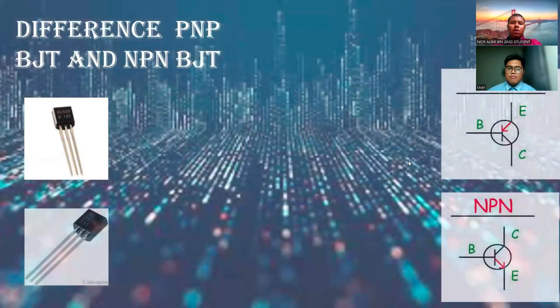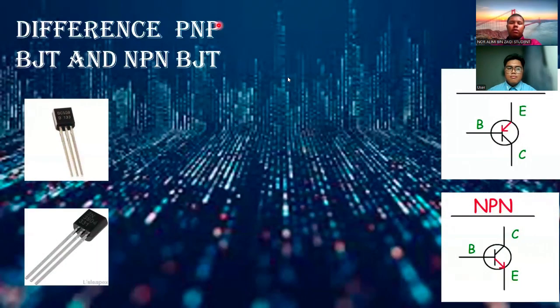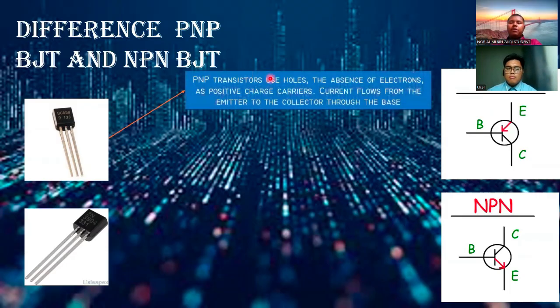We can see the difference between a PNP and an NPN BJT from the arrows and also the circle. PNP uses holes, the absence of electrons, as positive charge carriers.